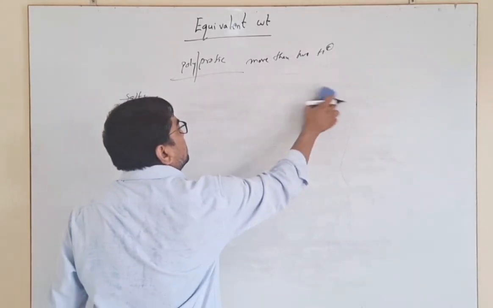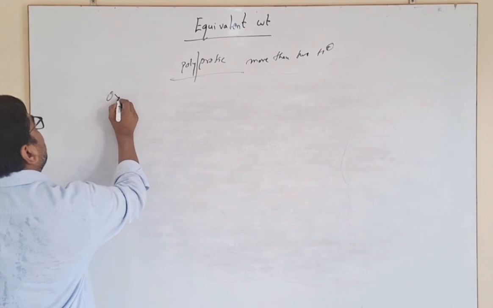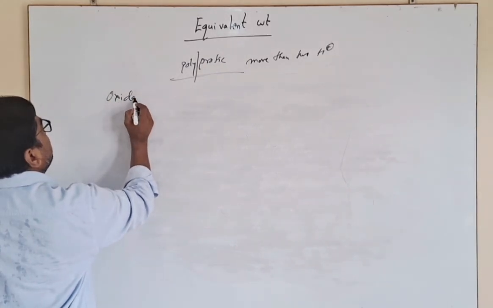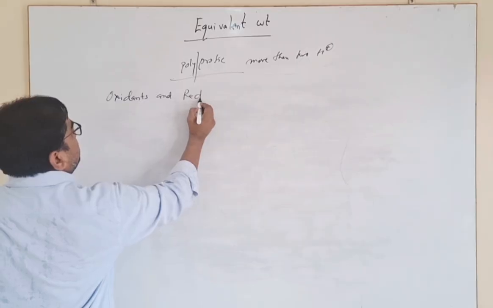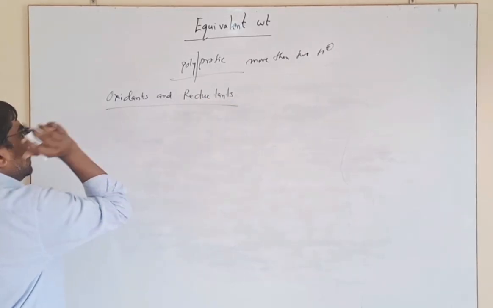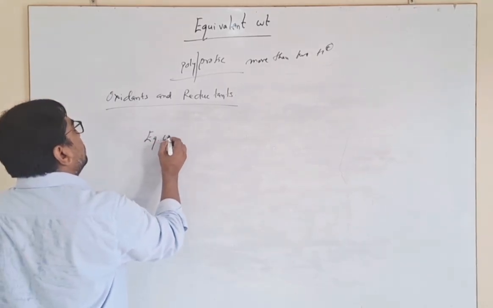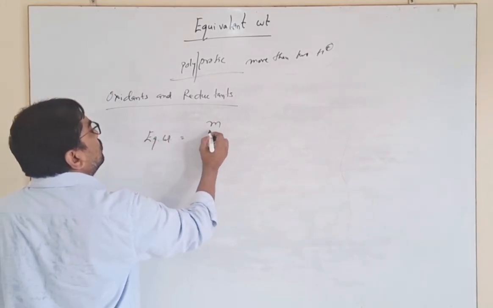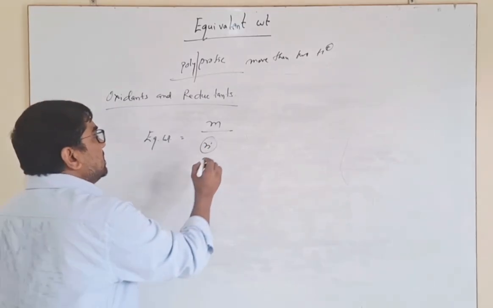Now last is oxidizing and reducing agents, like oxidants and reductants. For oxidants and reductants, the equivalent weight will be molecular weight divided by N dash. What is N dash here?